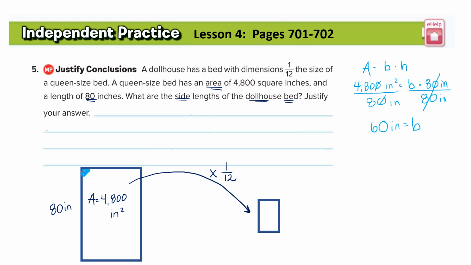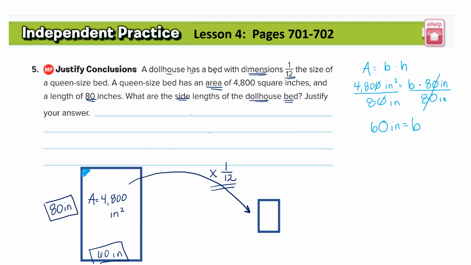So down here, I'm going to write 60 inches. All right, so the queen, let's go back here. A dollhouse has a bed with dimensions 1/12 the size of the queen size bed. So I'm going to multiply 80 times 1/12 and 60 by 1/12. And again, that's just dividing by 12.